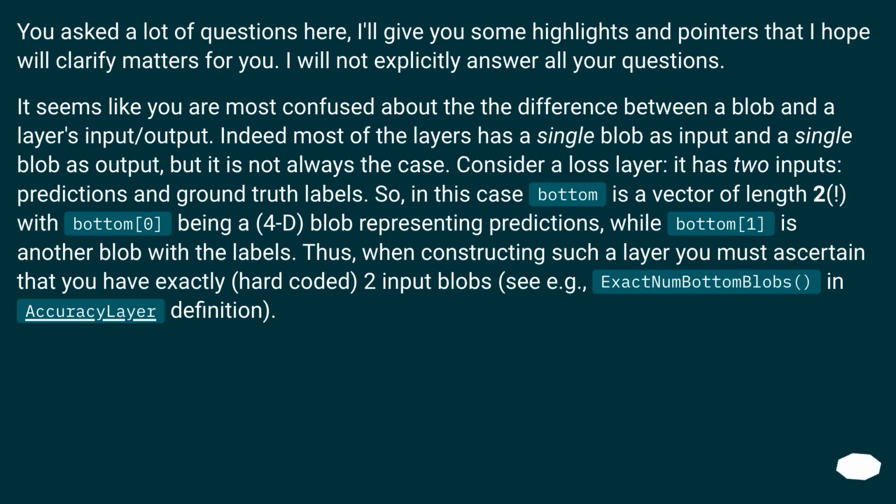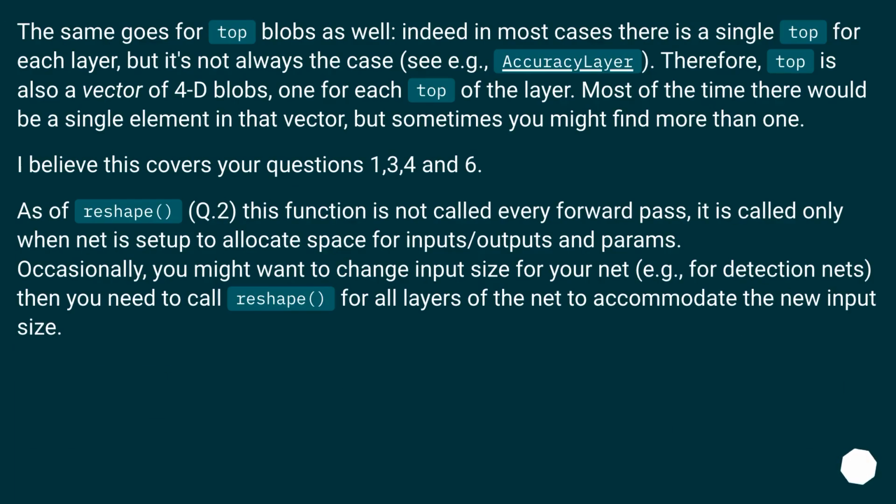Thus, when constructing such a layer you must ascertain that you have exactly, hard-coded, 2 input blobs, see for example ExactNumBottomBlobs in the accuracy layer definition. The same goes for top blobs as well. Indeed, in most cases there is a single top for each layer, but it's not always the case.